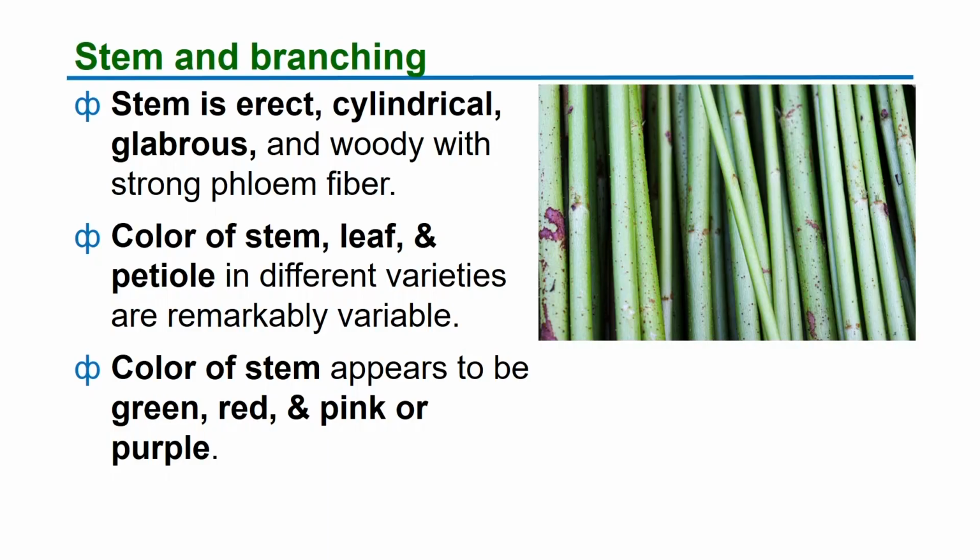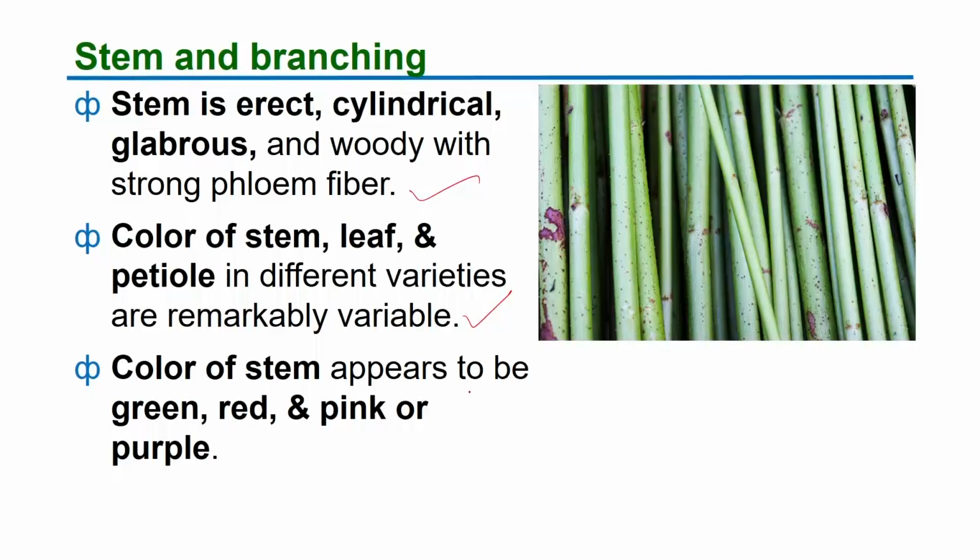Now let us check the morphology of stem and branching. Branching is not very common in jute. It is not that much of a branching crop. The stem is erect, cylindrical, glabrous, you can see on the right side. Glabrous means no hairs, and woody with a strong phloem fiber. Color of stem, leaf and petiole in different varieties is remarkably variable.